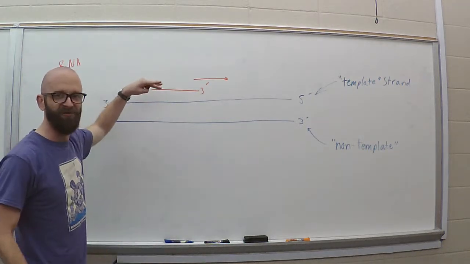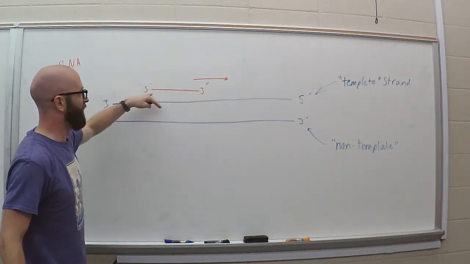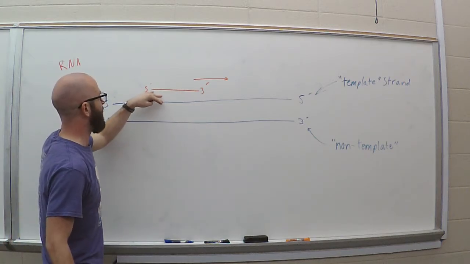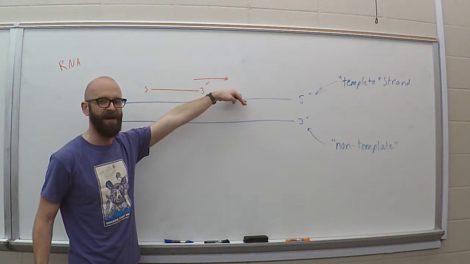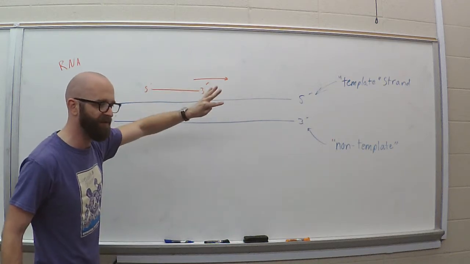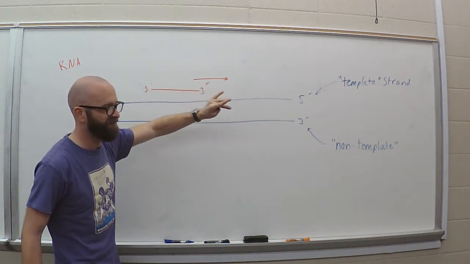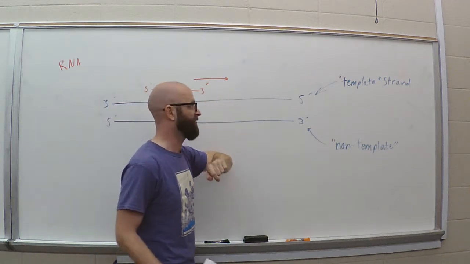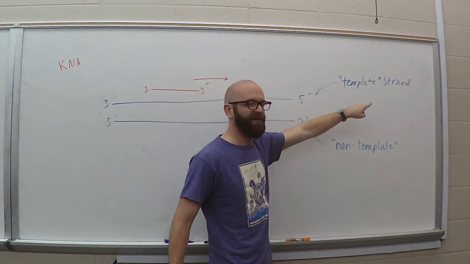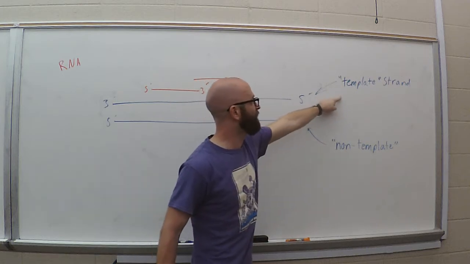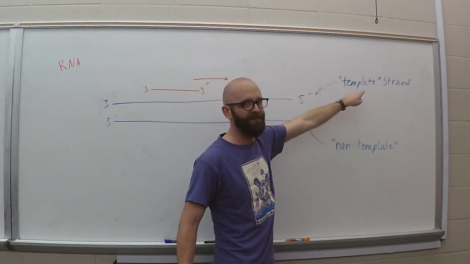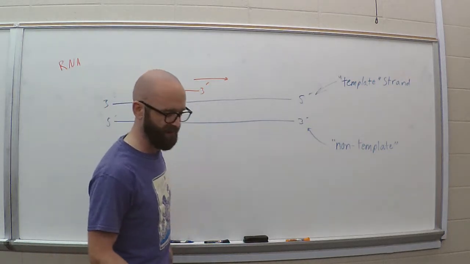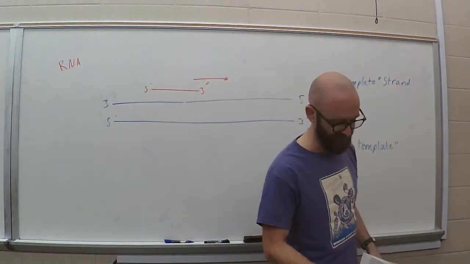So transcription, just like DNA polymerization, goes 5' to 3'. Anytime you're looking at nucleic acid extension, you're looking at 5' to 3' extension. So in this case, this top strand is being used as a template to make the new RNA strand. So that's why it's the template strand.